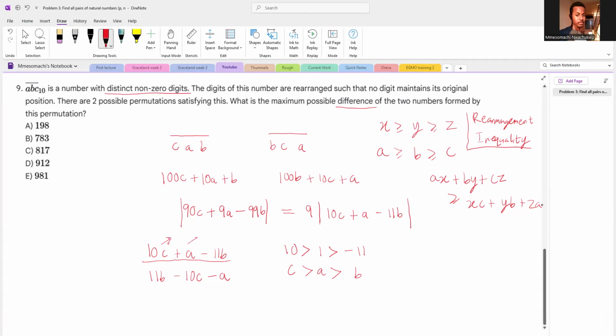As A increases, this term increases. As B increases, the whole expression decreases. So I have to take note of that.